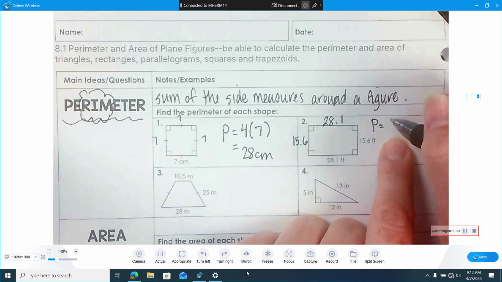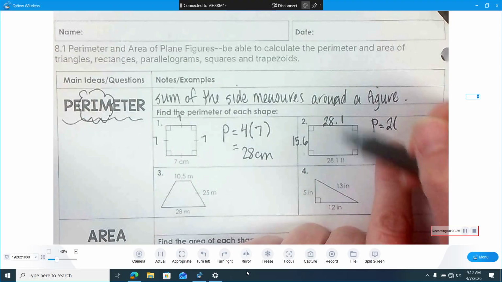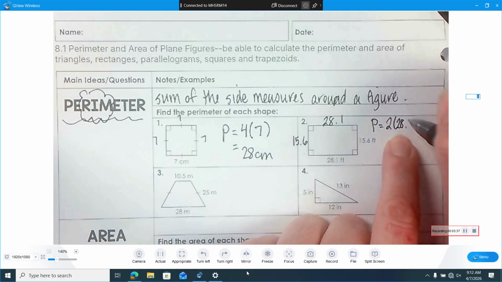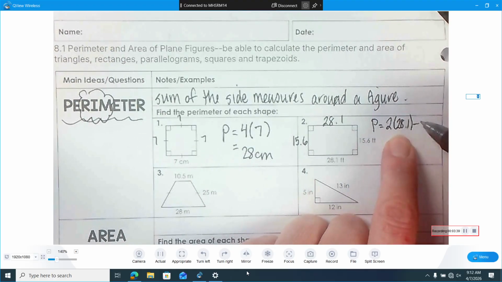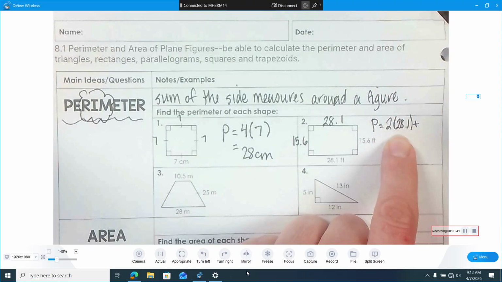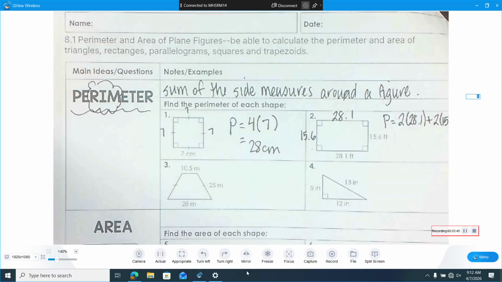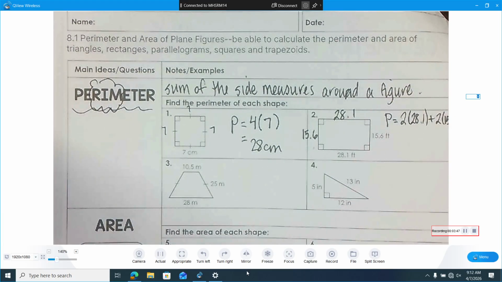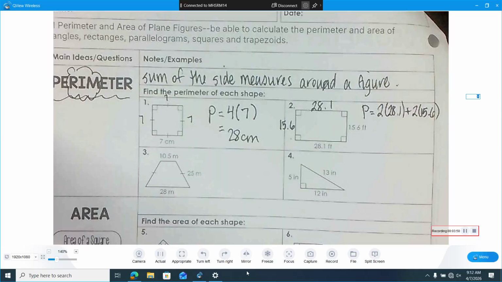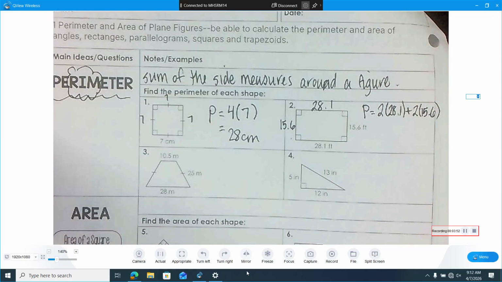You can add them all up, or I have two 28.1s plus 2 15.6s. So you could just add them all up if you want to, or I just count how many I have of them to make the multiplying a little bit easier.